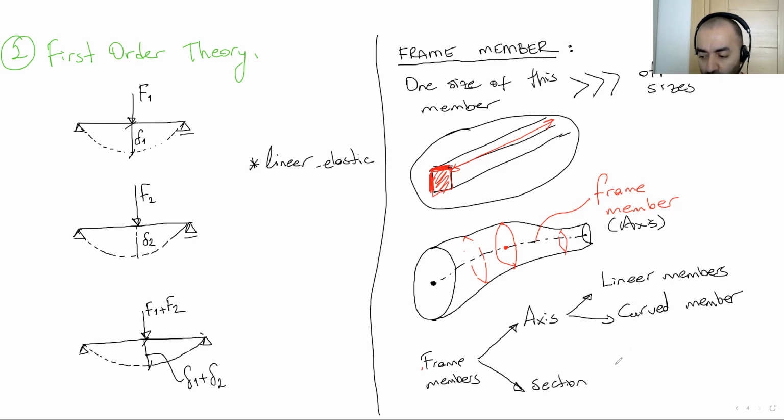According to sections, we have two branches of frame members. The tapered sections.